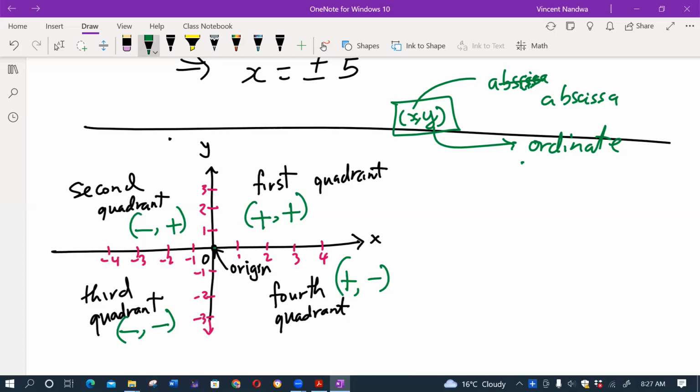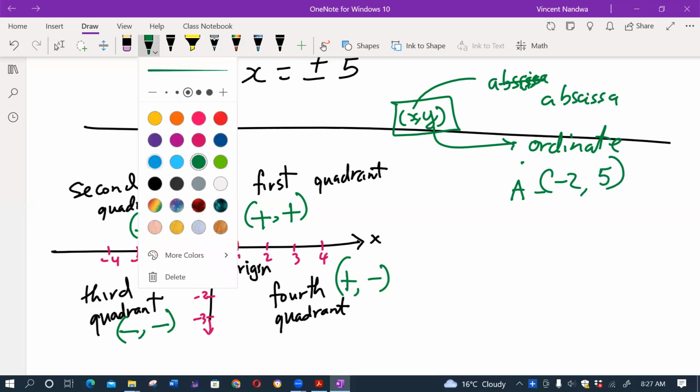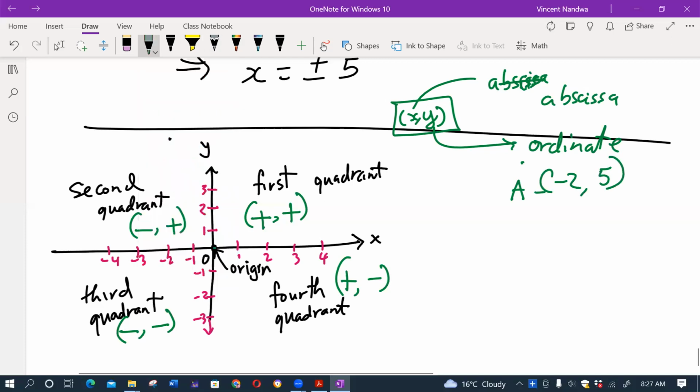So the first point, A, is given by -2, 5. So for -2, 5 the signs are minus, positive. And when you come to this sketch, we see that minus followed by positive is in the second quadrant. So therefore, A (-2, 5) is in the second quadrant.